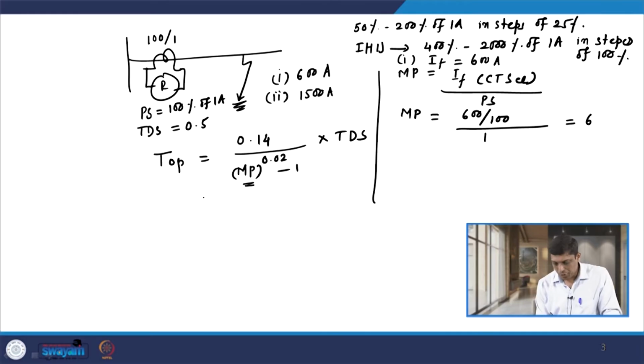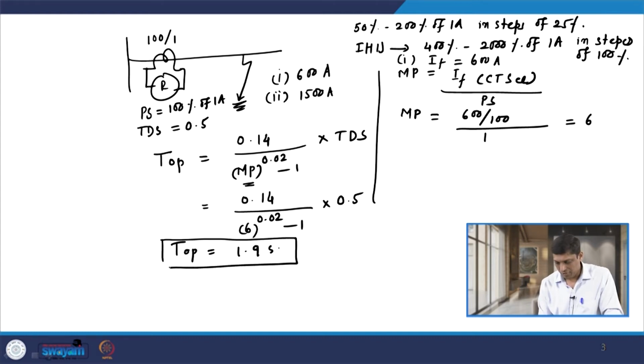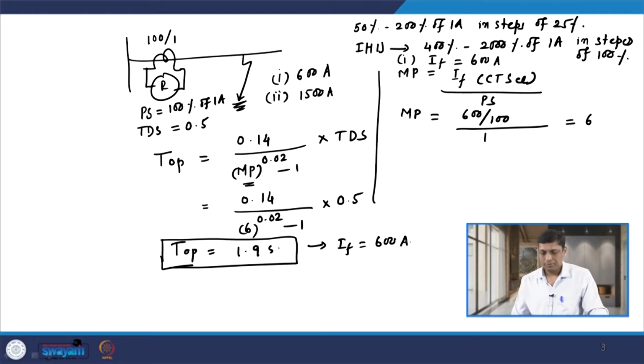With this value, we have 0.14 divided by (6 raised to 0.02 minus 1), into TDS, which is 0.5. If you solve this, it comes out to be roughly 1.9 seconds. So, that is the time of operation of relay R for the first case, when the magnitude of fault current is 600 ampere.